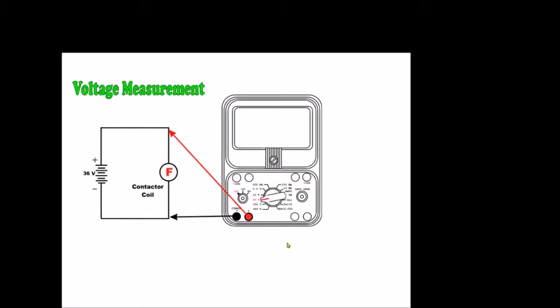Now, in order to measure voltage in our circuit, remember the voltage is dropped across components. So we're going to take our meter, and this is our load. This is our resistive load. Remember, we have to have some form of resistance in our circuit. So in our circuit, here is a contactor coil.